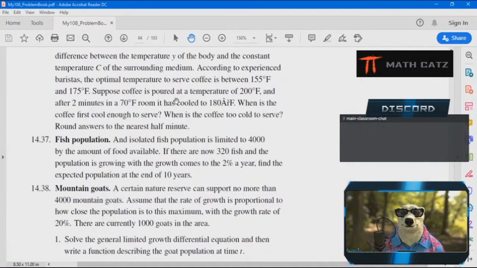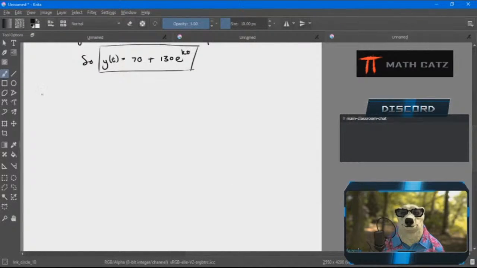So this is why they tell me that after 2 minutes, it's cooled to 180 degrees. So we can extract the property of the coffee in terms of how fast it cools, that at 2 minutes, I have the coffee at 180 degrees. So plug in 180 for y into the function, e to the k times 2.